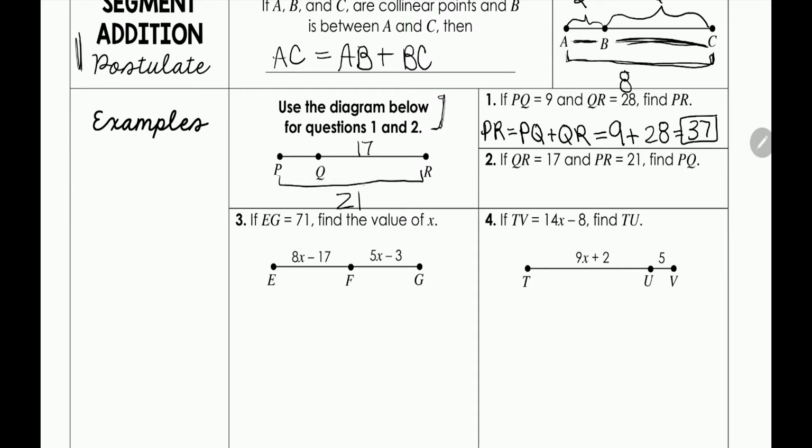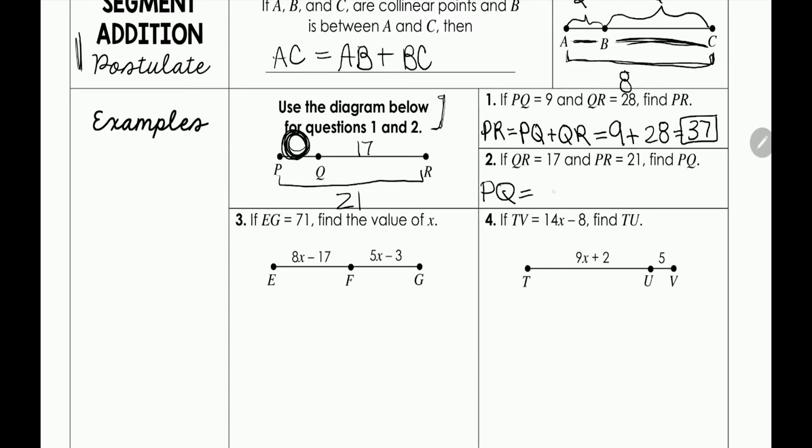If we know that the entire length of the line is 21, and we know that this part of the length is 17, then whatever's left is going to have to be what goes here. So PQ is going to be whatever's left.